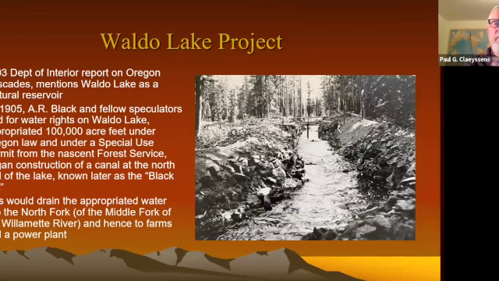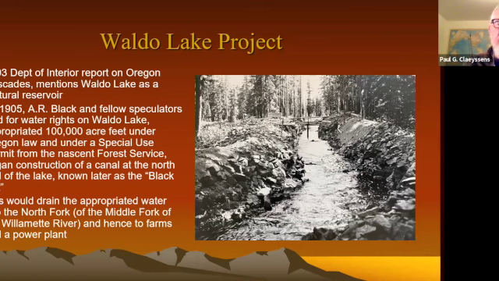And then there was a mention of Waldo Lake as a potential natural reservoir. And then by 1905, a gentleman by A.R. Black and fellow speculators filed for water rights on Waldo Lake. And they appropriated 100,000 acre feet of water under Oregon law and applied for a special use permit with the Forest Service that had just been created that very year in 1905.